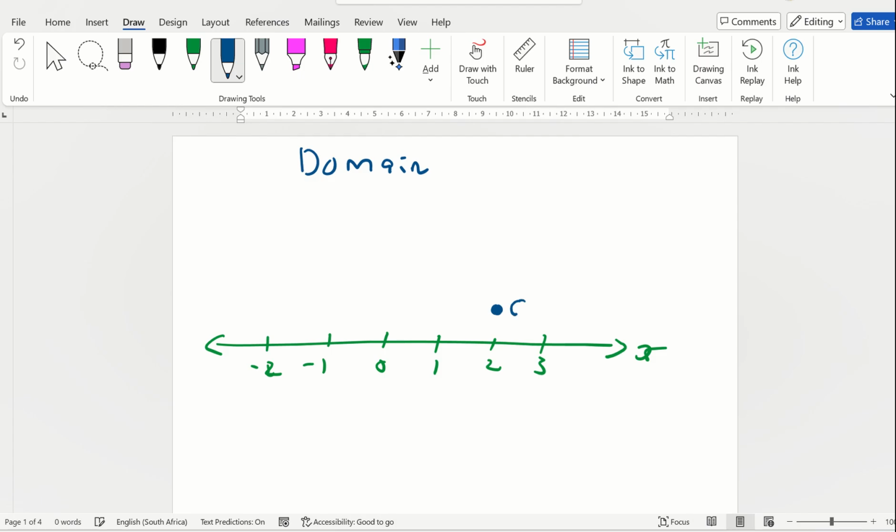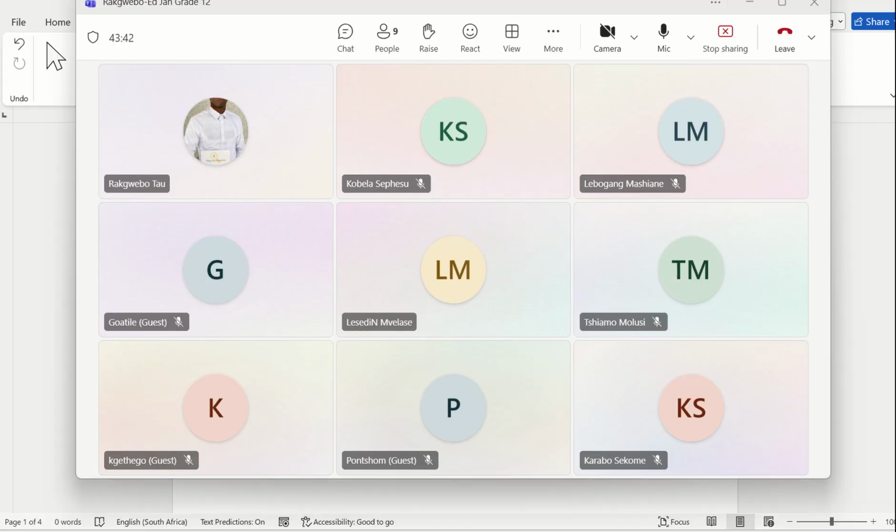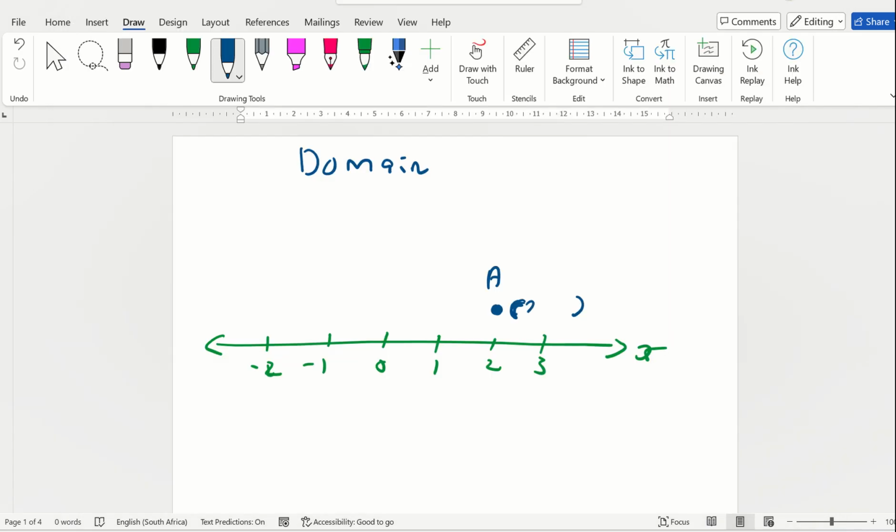Can you tell me the x coordinate of this point? Let's call it point A. The x coordinate is 2. The y we don't have, again, because I haven't put the y axis.